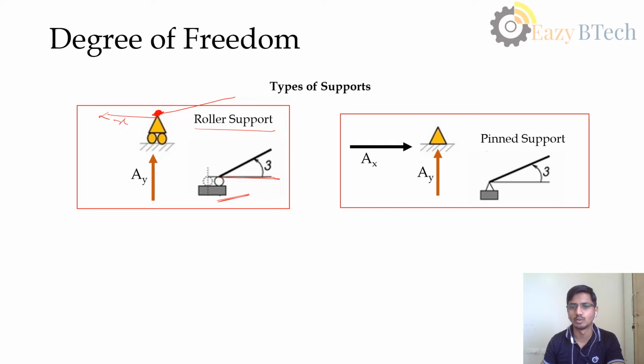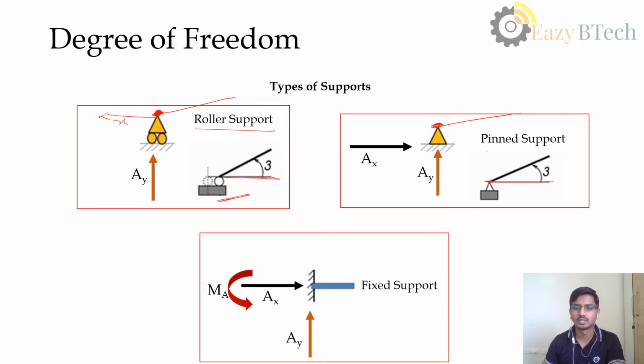Similarly, for the pinned support we studied that it has two reactions, a horizontal reaction and a vertical reaction. If we assume the node is here and connected to it, the pin will prevent the movement in the x direction and y direction, causing reactions, but it is free to rotate with respect to the point. Here you can see this will be the initial position and it is free to rotate about the pin point.